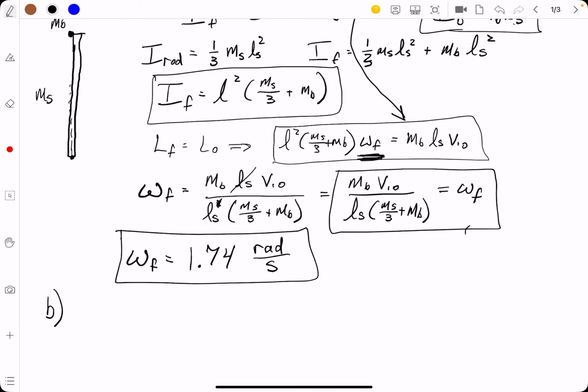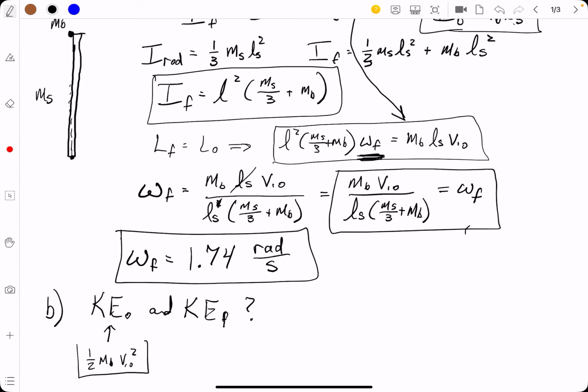All right, part B. What is the kinetic energy initially and what is the kinetic energy finally? So we're going to look for KE initial and KE final. What was rotational KE? Here's the good part. Initially, we can do linear, right? We can say 1/2 m of the box times our V initial squared. That's our energy. No matter what happens, that's how much energy we have.